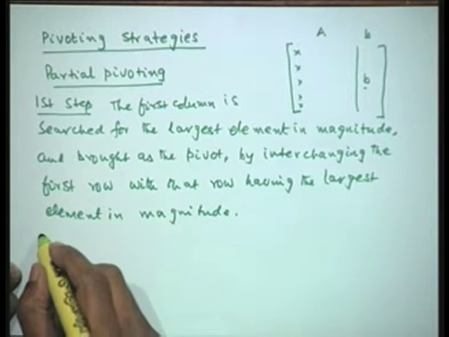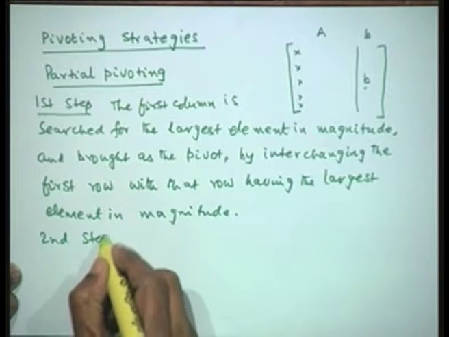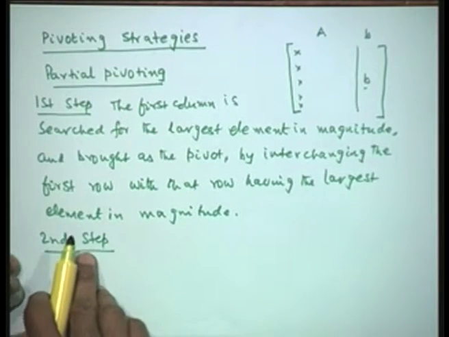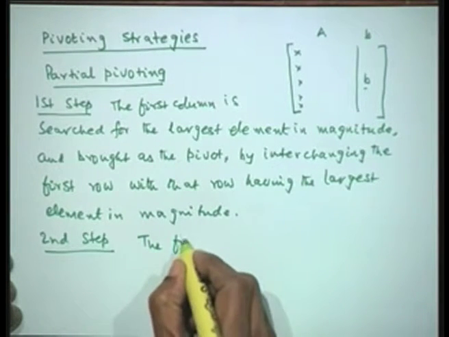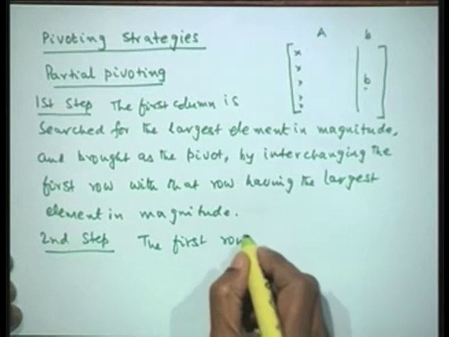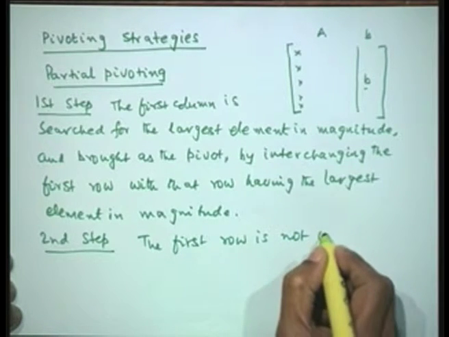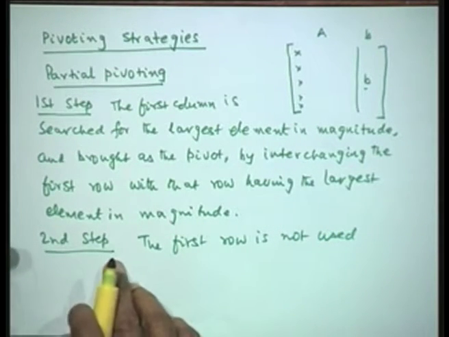Now, in the second step, we repeat the same thing, but leaving the first row as it is. The first row is not used.